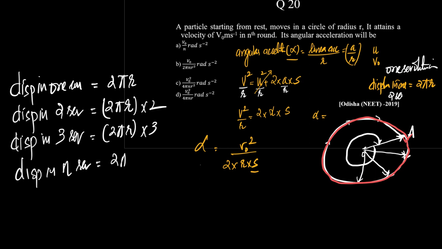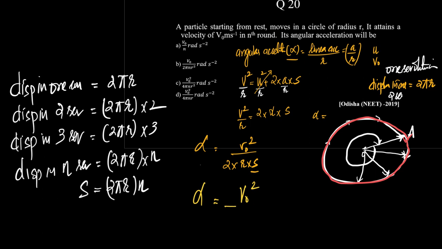It would be 2 pi r into n. Therefore, S here is equal to 2 pi r into n, and hence alpha will be equal to V0 square by 2r into S, which is V0 square by 2 into 2 pi r into n, which is V0 square by 4 pi r square n. So the correct option is option C.